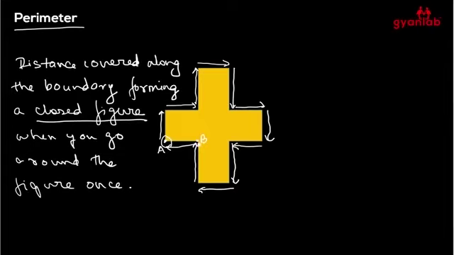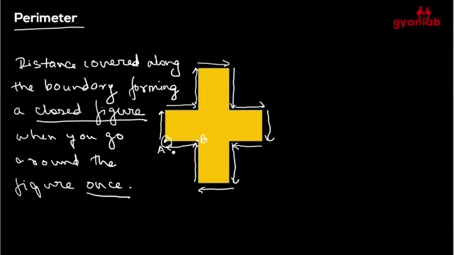That means we have to start from this point and come back to the same point again to ensure that it actually forms a closed figure. And we have to go around the figure once.